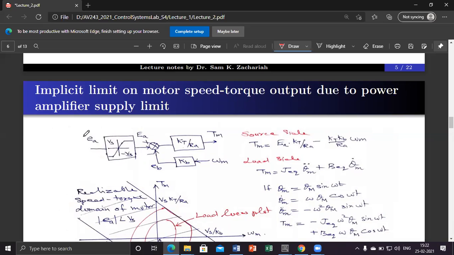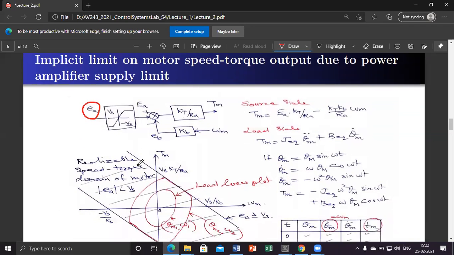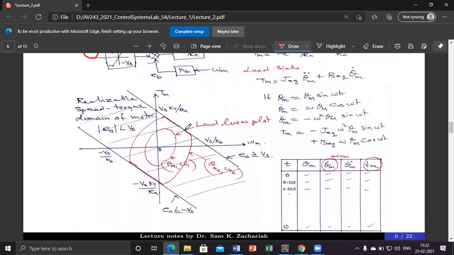Even though you increase EA beyond that, the output voltage cannot exceed plus Vs or minus Vs. Accordingly, the top performance limit of the speed-torque characteristics of the motor corresponds to Vs KT by Ra as the stall torque and Vs by Kb as the no-load speed.